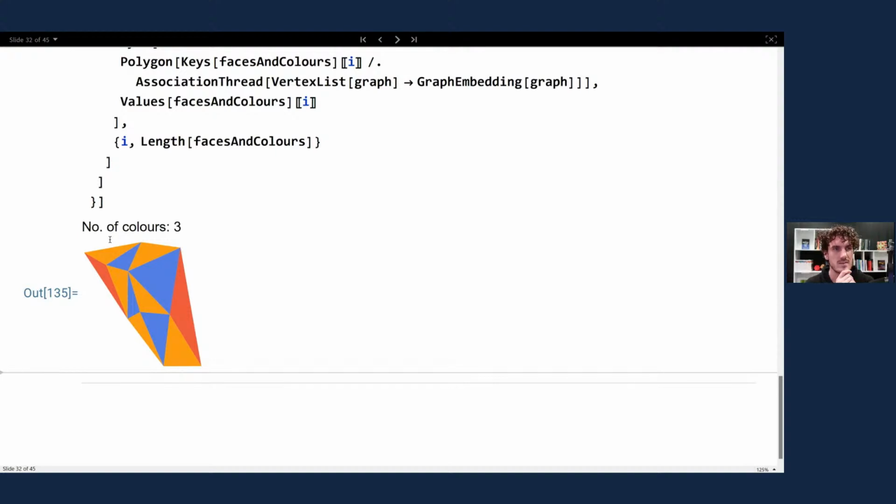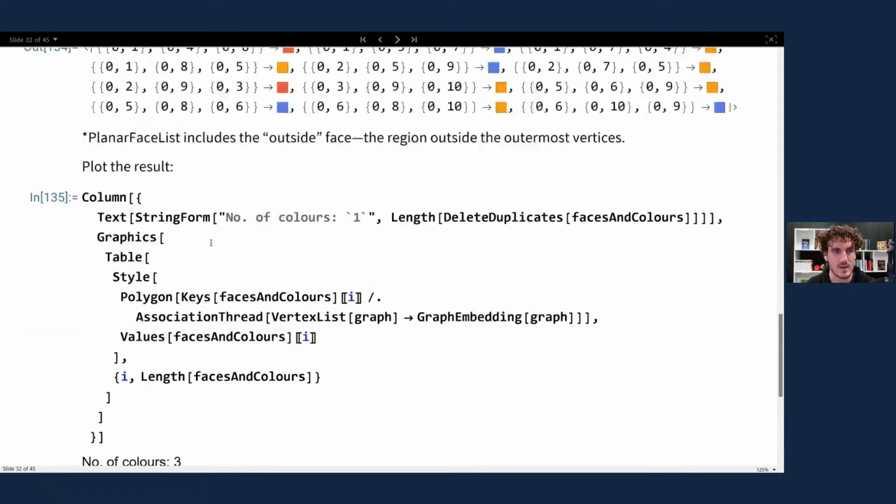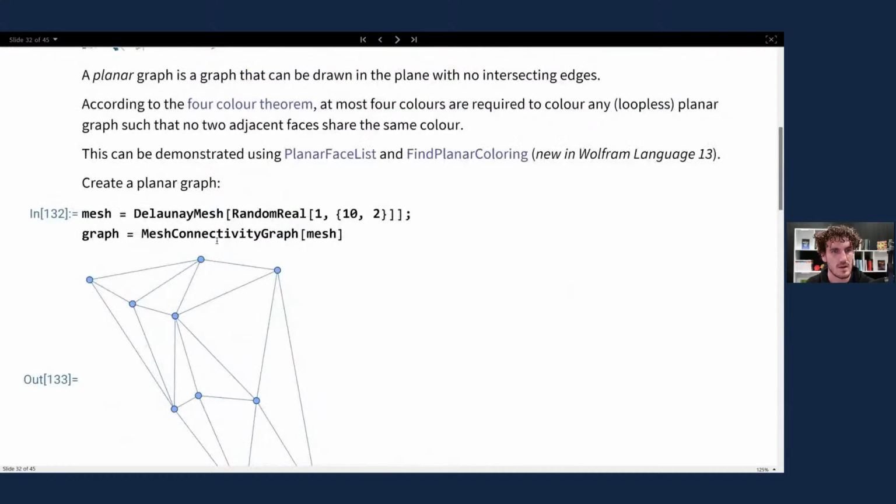So if you have the notebook, you can have fun with this and see how complicated a graph you can generate. I haven't really used these functions before, Delaunay mesh. But if you're more familiar with this, or even if you're not, you can play around with these parameters and see what you can generate here.